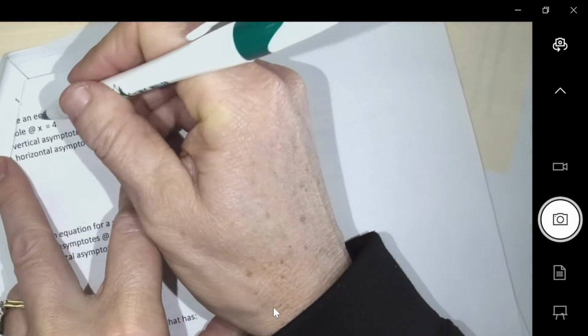All right, a couple more faster questions here, and then you can work. How to kind of go backwards and make yourself an equation. Okay, we need a hole at 4. How do you make a hole?